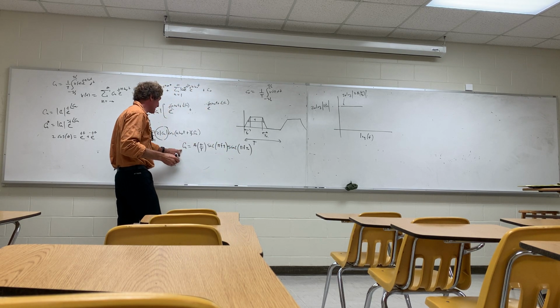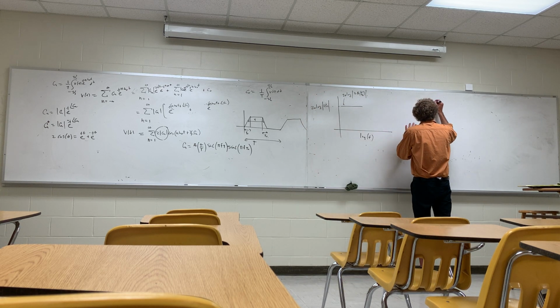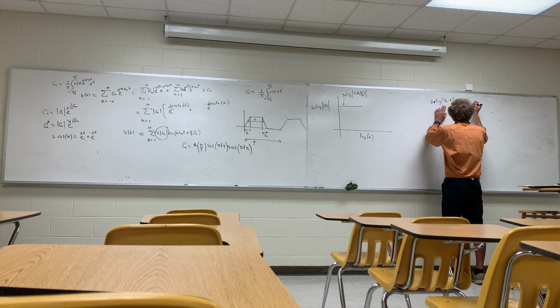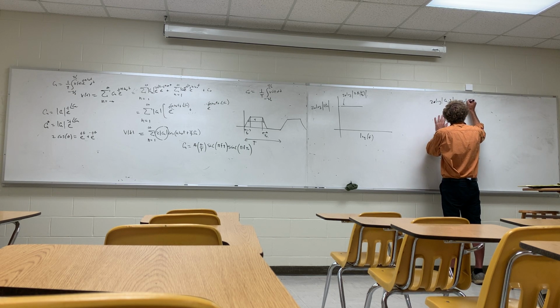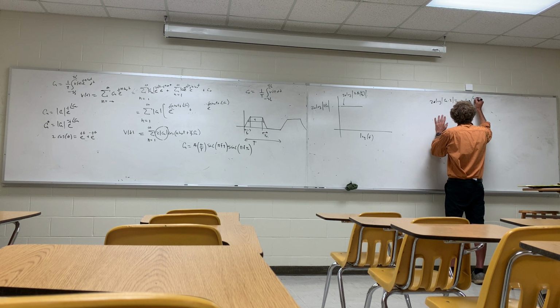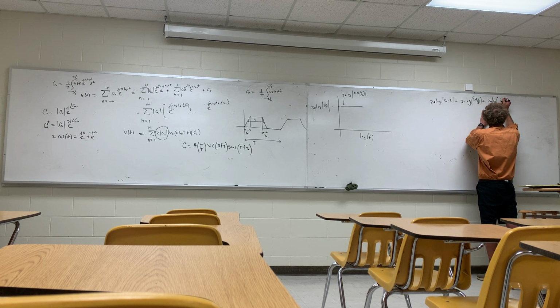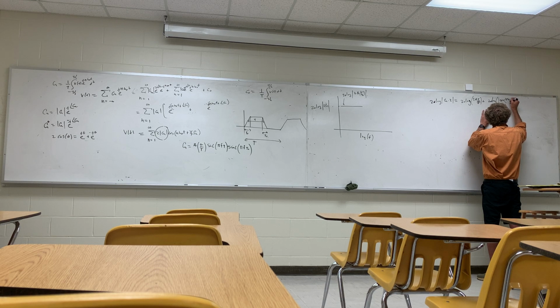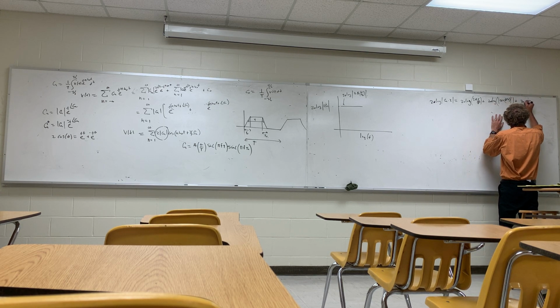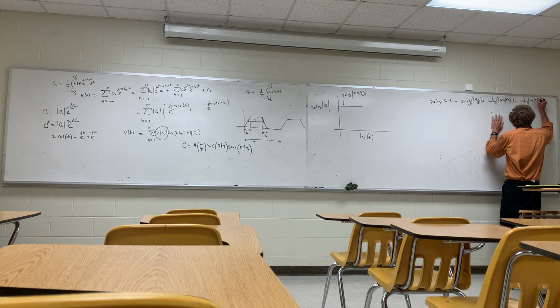If you take 20 times the log of the magnitude of c of n times 2, you're going to get simply the first term, which is going to be 20 times the log of 2A tau over 2, over T, plus 20 times the log of the magnitude of the first sinc function, sinc of pi f tau, plus 20 times the log of the second one, which is the magnitude of sinc of pi f tau rise.